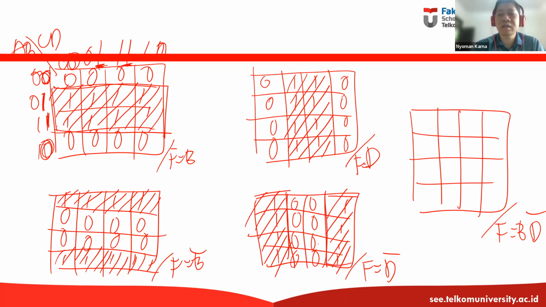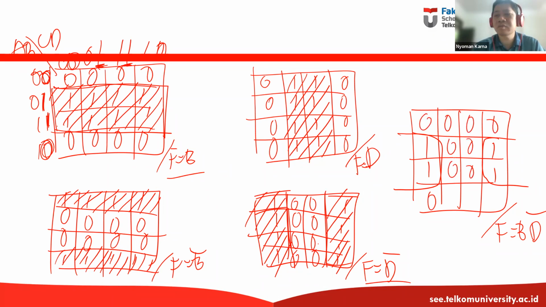And the intersection is this and this. The intersection between B and D naught. So this one is 1 and the rest are 0. So this is B D naught.